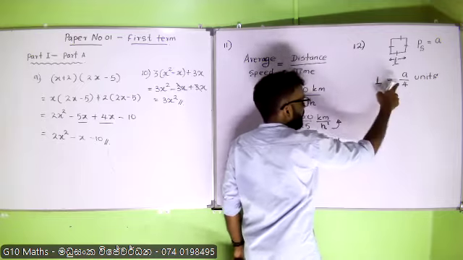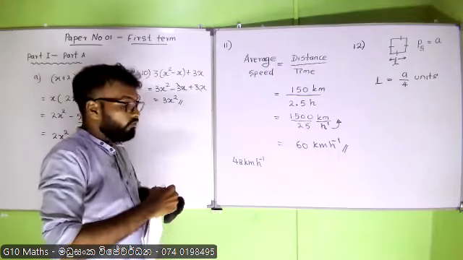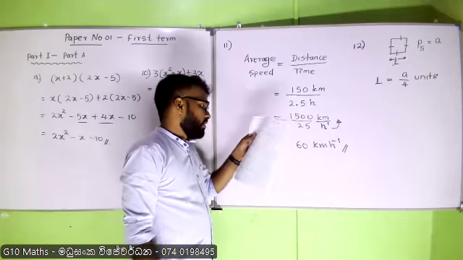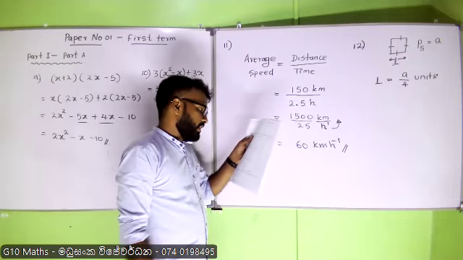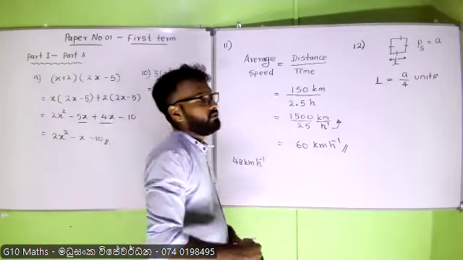So this is the length of one side of a small square. Now they are asking, find the perimeter of the figure in terms of A units. Assume all the lengths are equal.